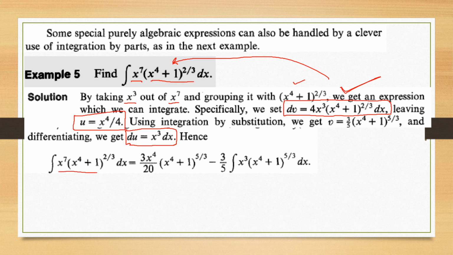This is the actual integrand which is written as the product of u dv, where u is x power 4 by 4 and dv is mentioned here. This is uv, the product of uv.